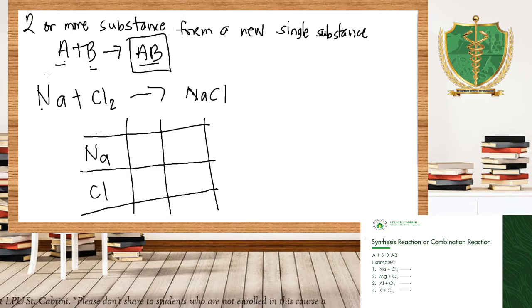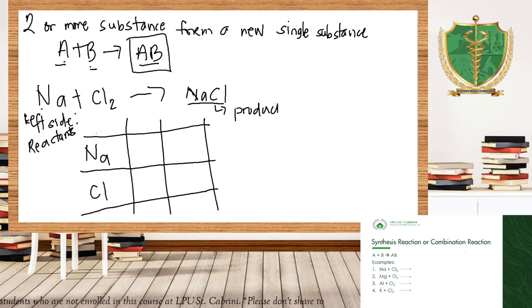Take note, guys, that the elements or compounds found on the left side of the equation are what we call reactants. When we say reactants, this can be an element or a compound that is being mixed together in order to produce another compound, or what we call the product.